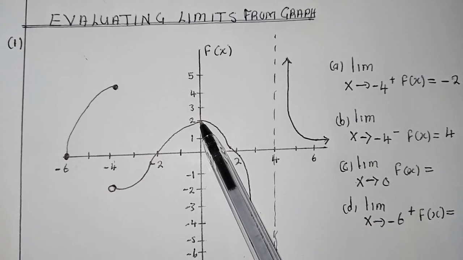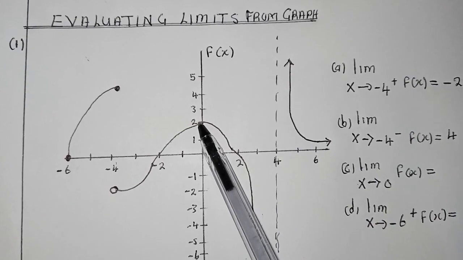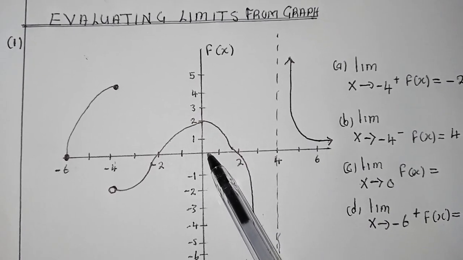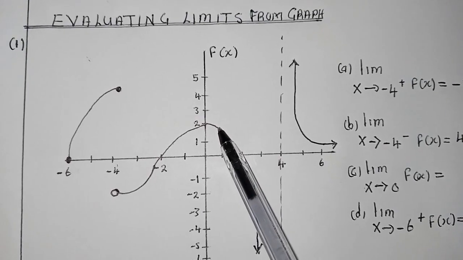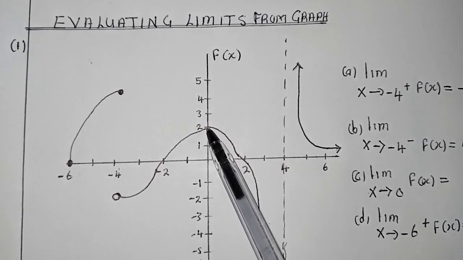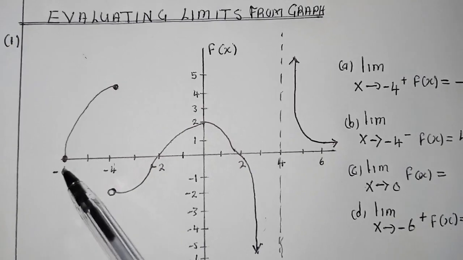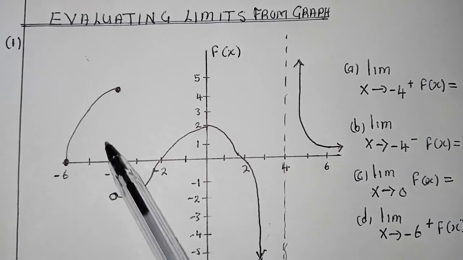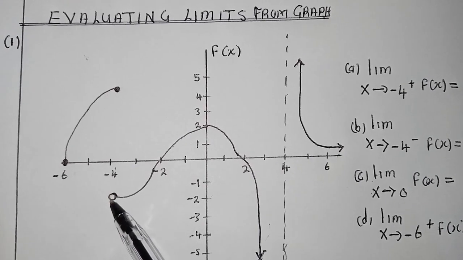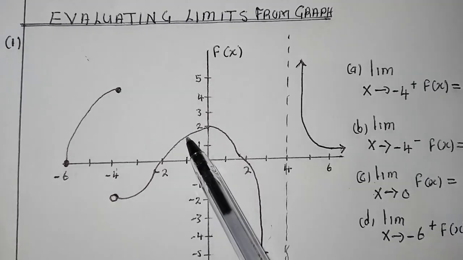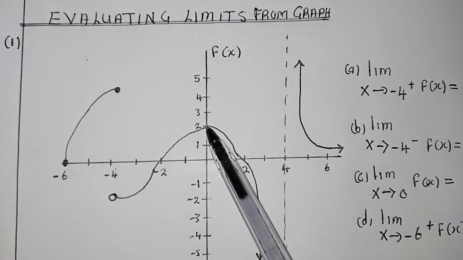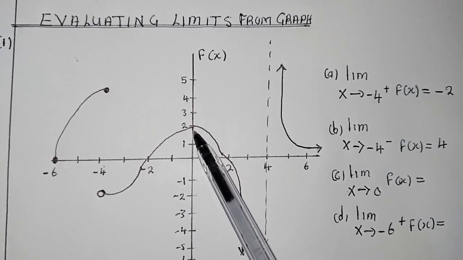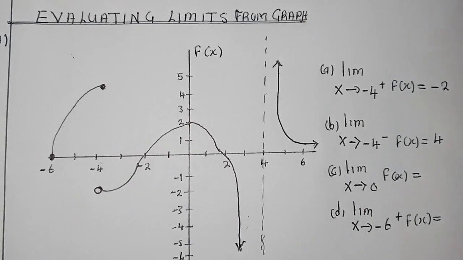When we approach 0 on the x-axis, we discover that here we have a 2 on the y-axis. And when we journey from this direction, we reach here, we fall on this open hole, we start moving in this direction, we discover that we are still meeting 0 in the x at y equal to 2. Therefore, we say that the limit as x is approaching 0 is simply +2.